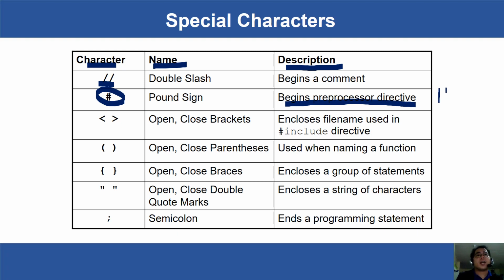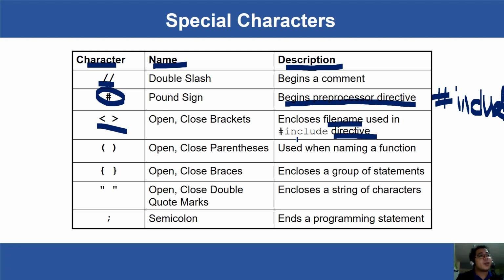Kailangan meron tayong number sign, including ang ating keyword na include. Maliwanag? We have here the angle or the angular braces or angular brackets, open and close brackets. Para saan siya? Para ma-include natin yung ating directive or yung ating file name, katulad ng ginamit natin doon is the iostream.